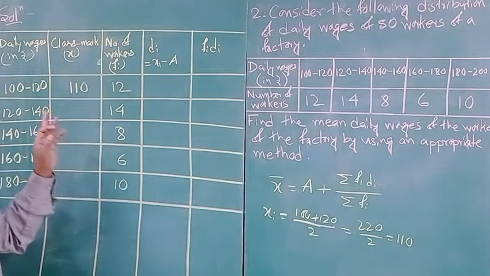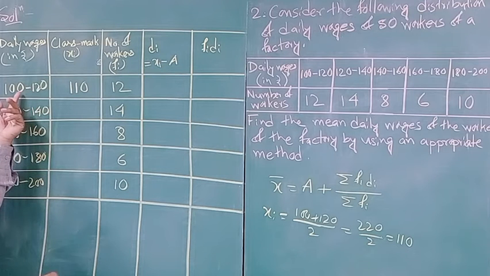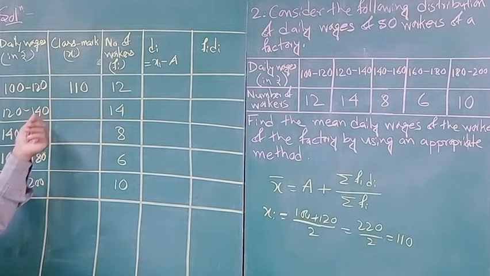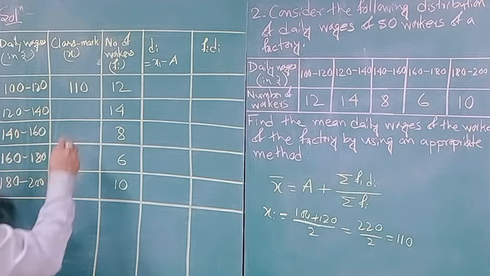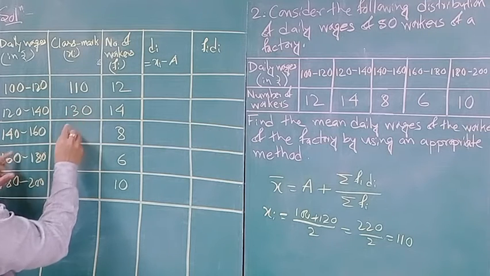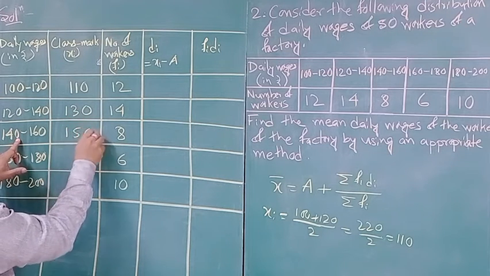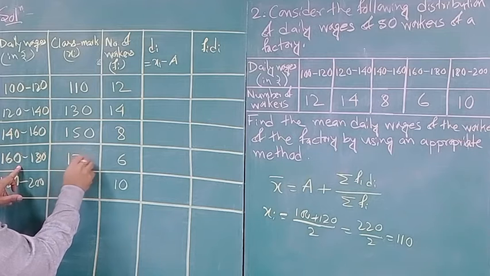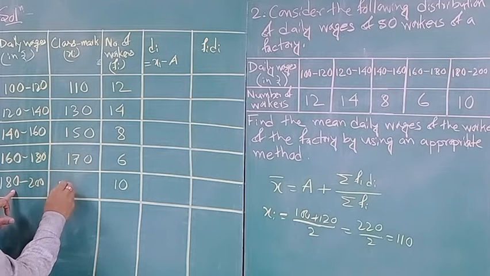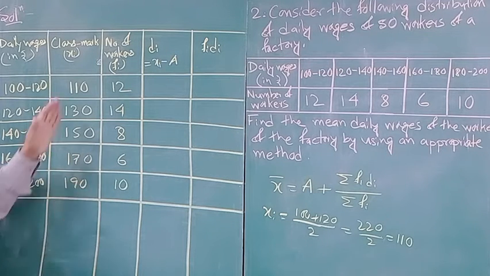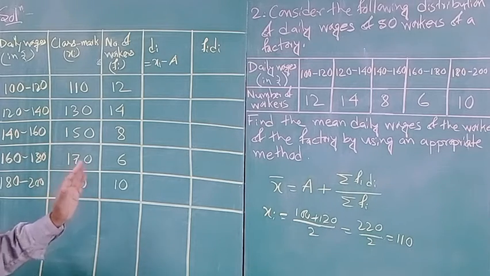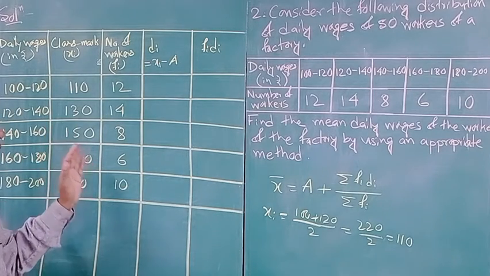We have calculated it there. Without calculation also we can say it is the value which falls between 100 and 120. Between 120 and 140, which one falls? 130. This is 150. This is 170. And for this the class mark is 190. You see these values are large. That's why we are not going for the direct method.